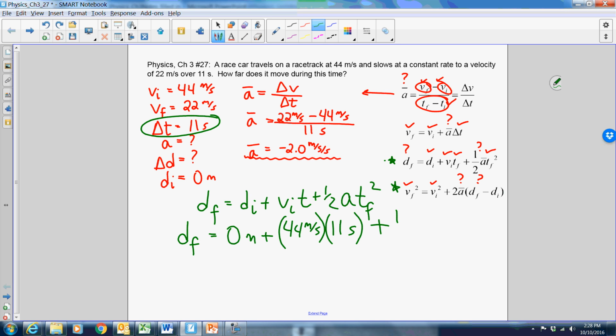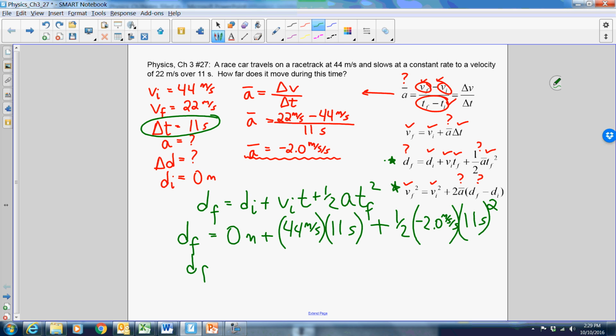Okay, and then plus 1/2 times the acceleration is -2 times 11 seconds again, squared though. Don't forget the squared. Okay, so you could do all that at once in your calculator. I'm just going to do it one term at a time.